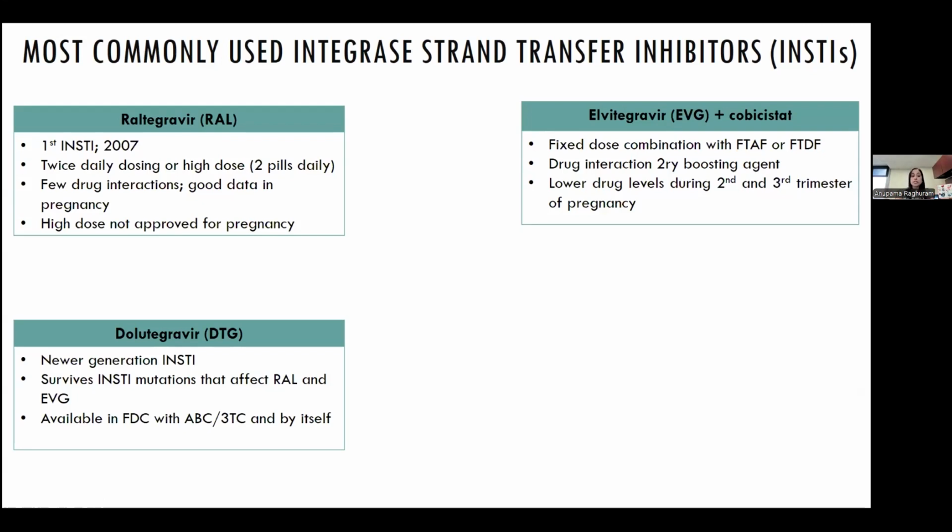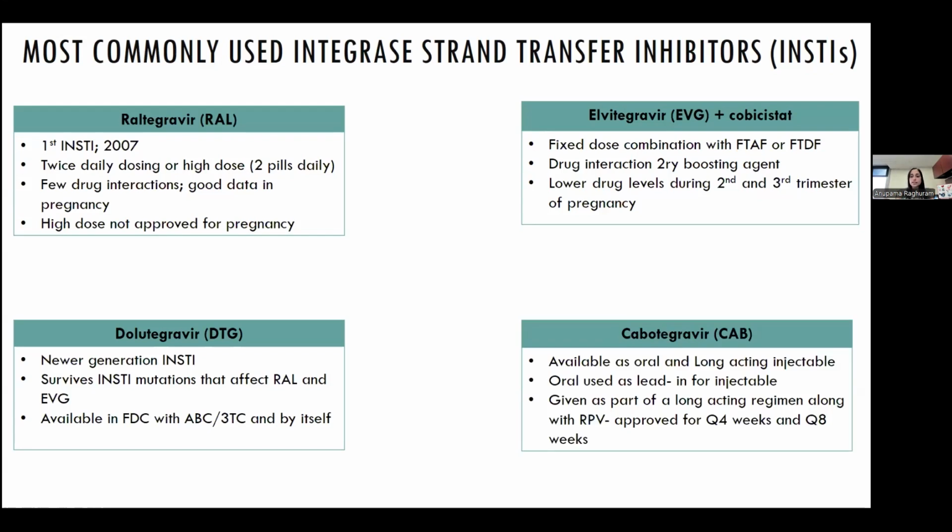Okay, so that's dolutegravir. And the latest kid on the block is cabotegravir. And this is available as oral and long-acting injectable. However, the oral was really only used for oral lead-in preceding the start of the injectable long-acting.